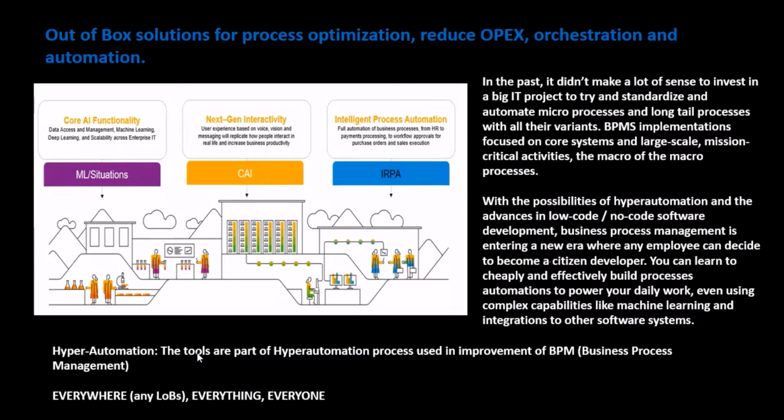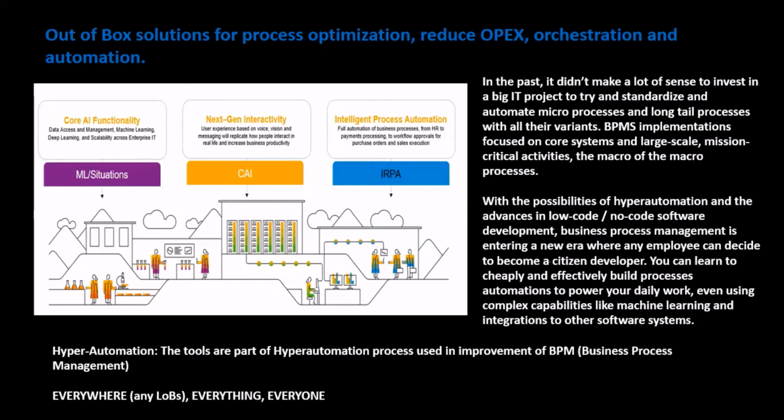So now, how can you achieve it? It's using hyper automation. What SAP is trying for is end-to-end automation. It's not just one part of automation, but SAP is focusing more and more on hyper automation. That means everything and everywhere, in all lines of business, whether it is HR, logistics, finance, or any other process.